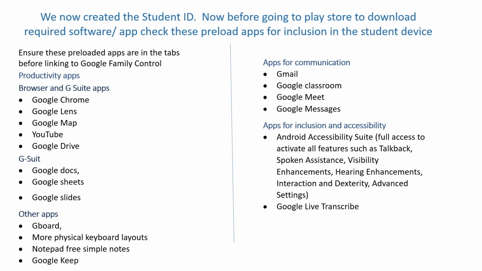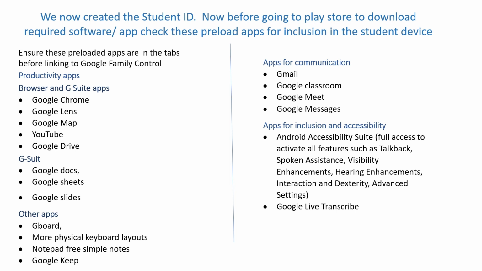Then apps for inclusion and accessibility. The Android Accessibility Suite is with every tablet or Android phone, but based on the manufacturer or the brand, it can change. That is the reason to ensure that the Android Accessibility Suite has full access to all features such as TalkBack, spoken assistance, visibility enhancement, hearing enhancements, interaction and dexterity, advanced settings.